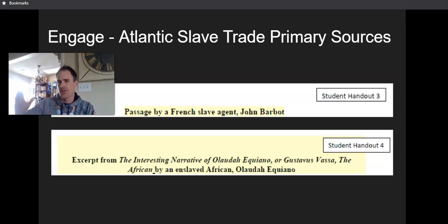So in other words, a European perspective, and then an excerpt from Olaudah Equiano, who was, as it says there, an enslaved African who gained his freedom. So you're going to see a European perspective and an African perspective.